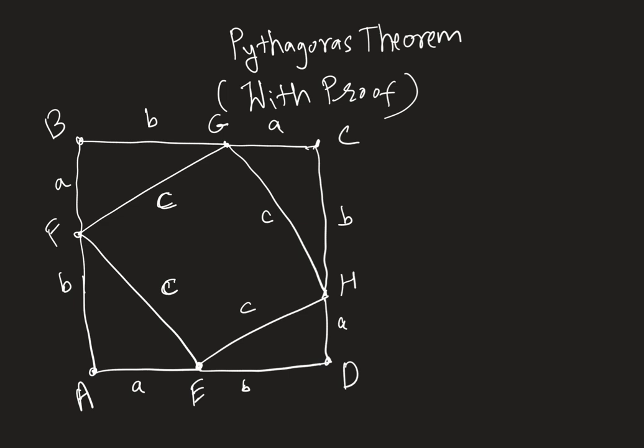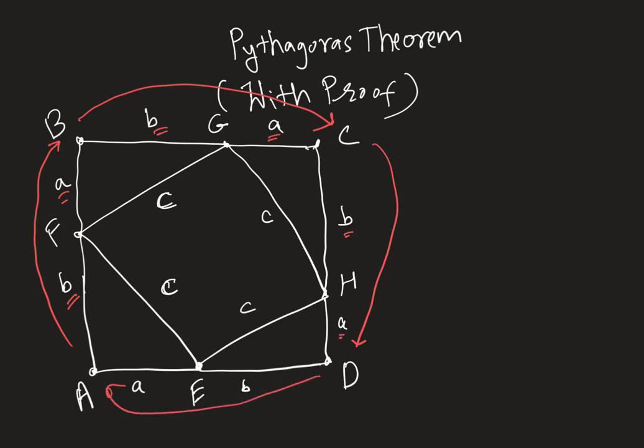The first thing that we observe is if we go from A to B, we will get the distance B plus A. If we go from B to C, we will again get B plus A. If we go from C to D, we will again get B plus A. Similarly, from D to A, we will again get B plus A.